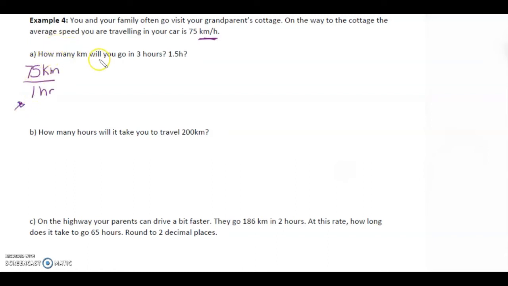So how many kilometers will you go in 3 hours? And then in 1.5 hours. So in 3 hours, we would make an equivalent fraction. So x, because we don't know the number of kilometers, but we know we are driving for 3 hours. So all we'd have to do here is cross multiply the 3 up, and we'd get 75 times 3 over 1 hour.